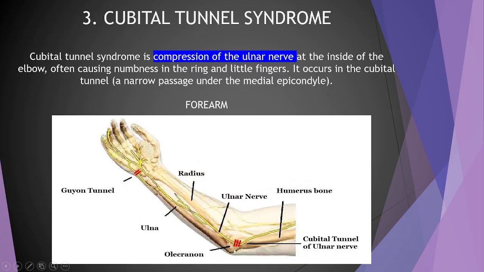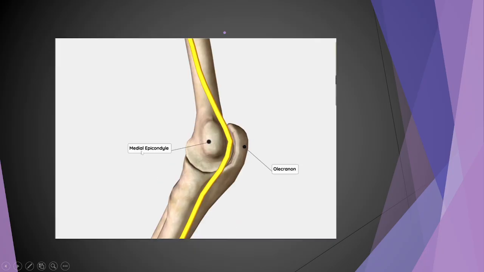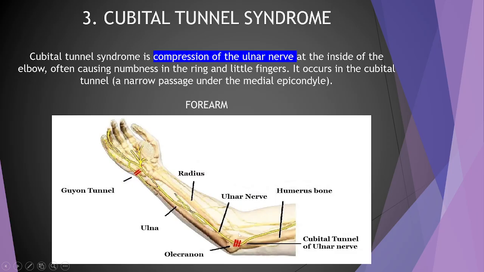Between these two, the nerve passes through a narrow passage, and it gets compressed. When the ulnar nerve is compressed, it causes pain and numbness in the ring and the little finger.